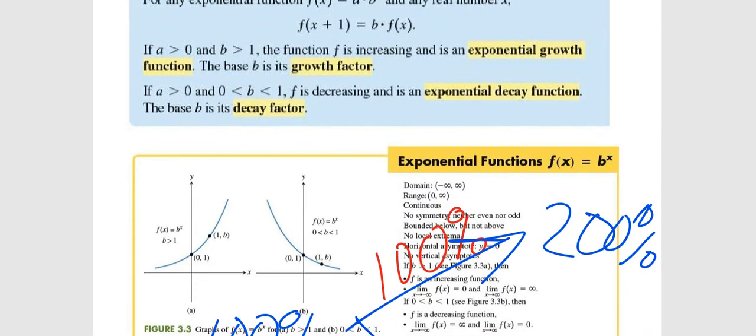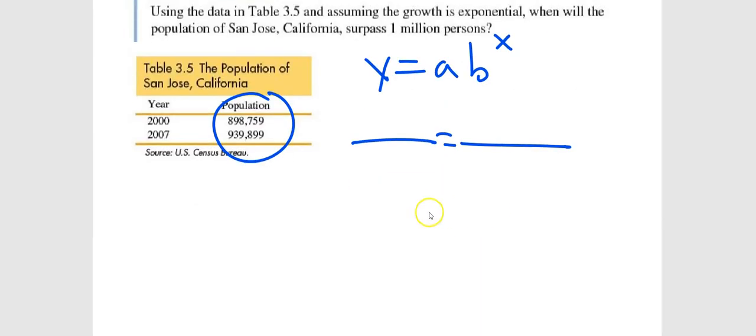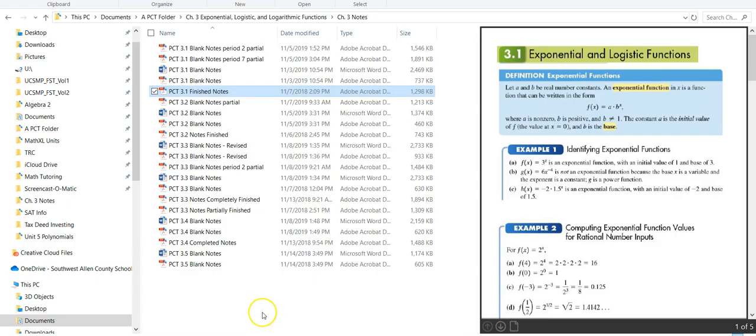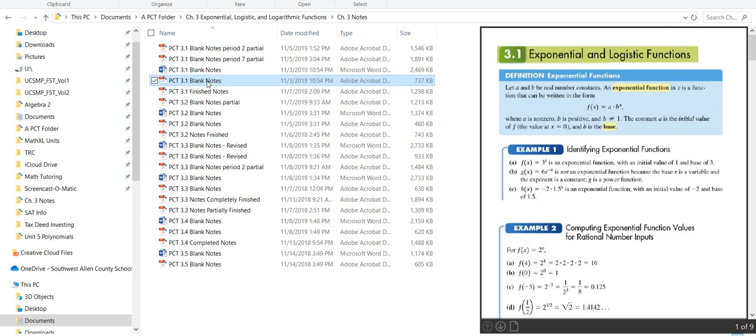Anything else? Either in section 3.1 notes or homework that you want me to pull up? Yes? 3.1, number 35. Come on. See if it's at the end here. No, this is the wrong one. Okay. Oh, that's from last year.